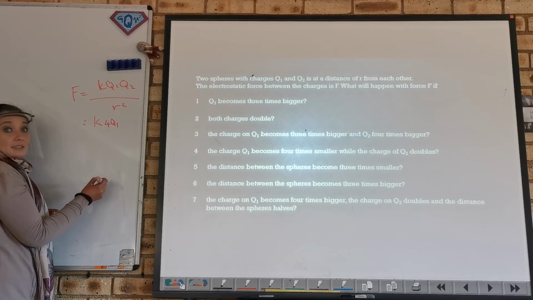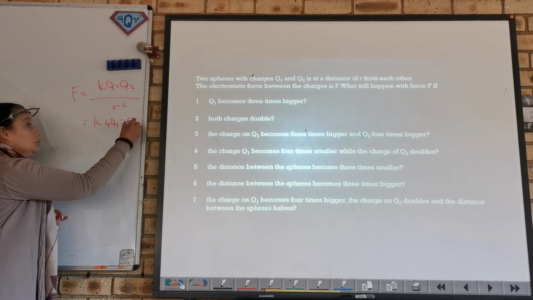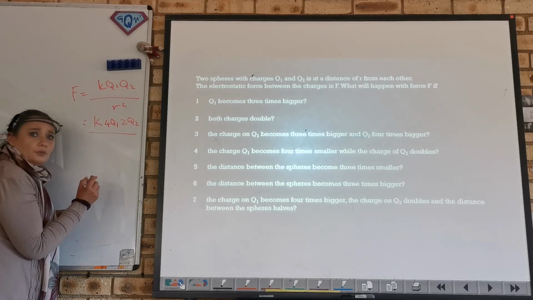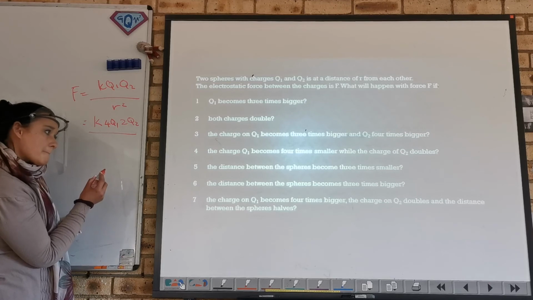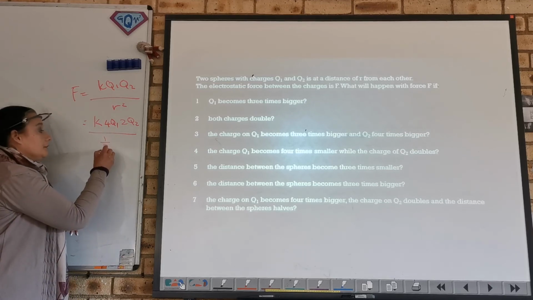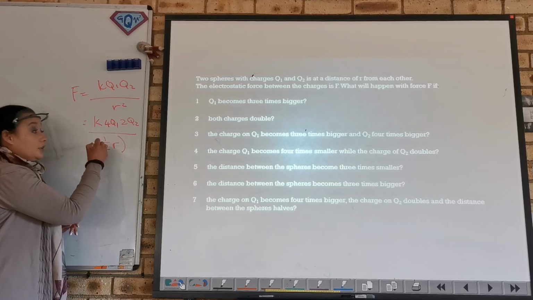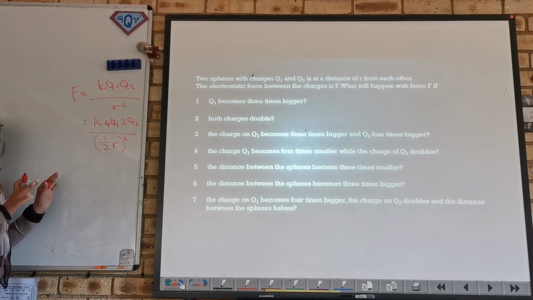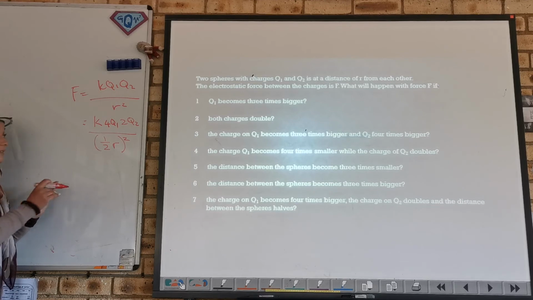Are we okay with that? What happens with Q2? Double. So 2 times Q2. What happens to R? Halves. It halves. So I'm going to have a half times R. Notice that I'm going to put it in brackets again, just for safety's sake in terms of the maths.